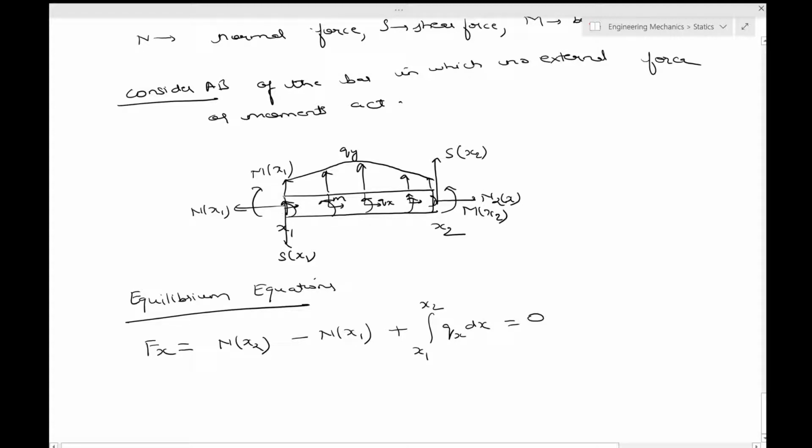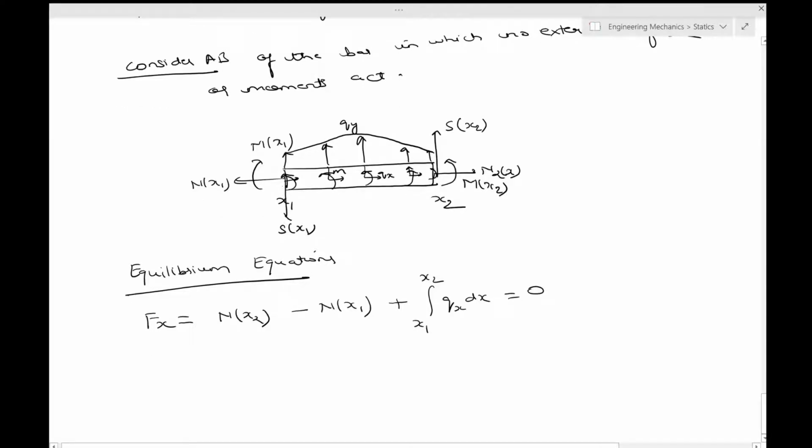Okay, so in the x direction, similarly in the y direction, this would be S of x2 minus S of x1 plus the integral from x1 to x2 of qy dx is equal to 0.